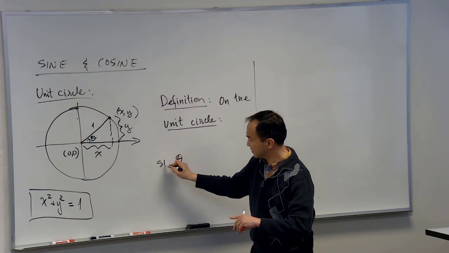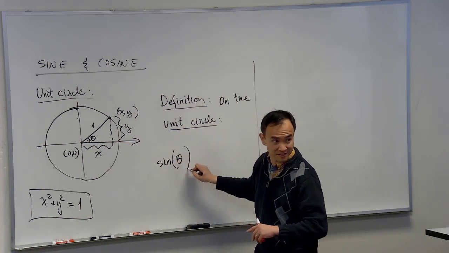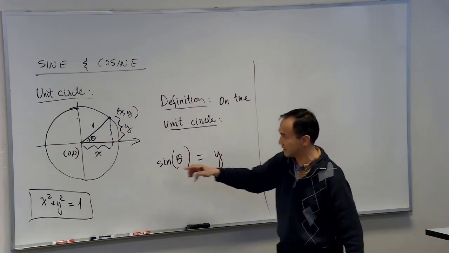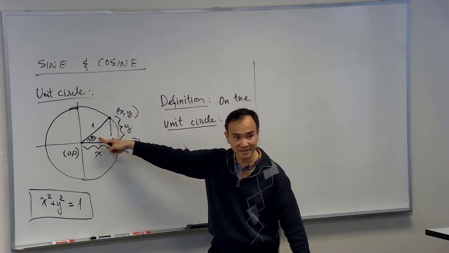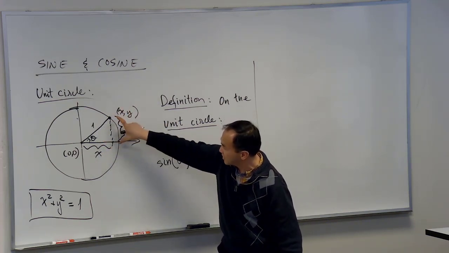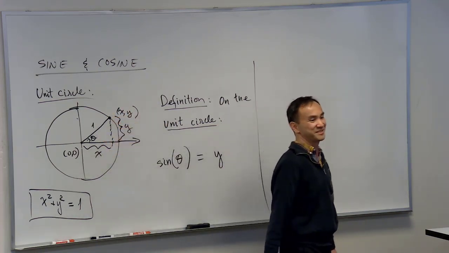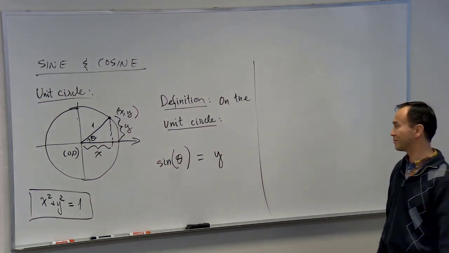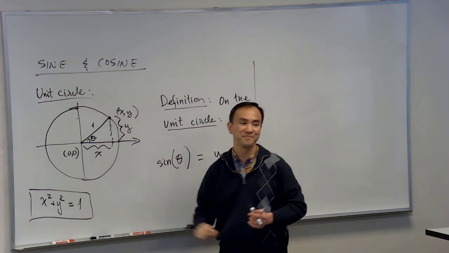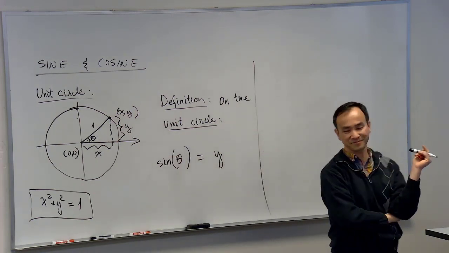We define the sine of theta. Sine of theta means the y value. So when you're reading an angle theta right there, the sine value is the y-coordinate of the terminal point on the circle. That's the y value. That's sine theta.